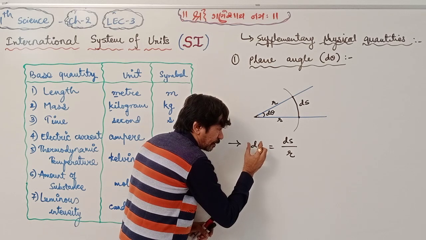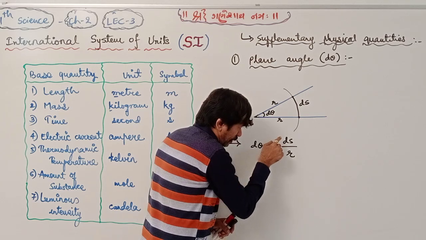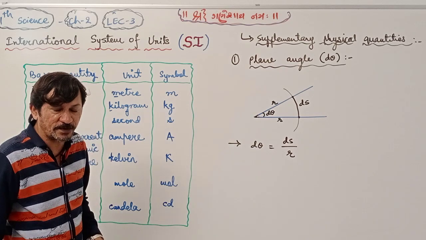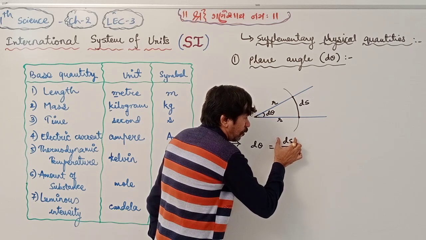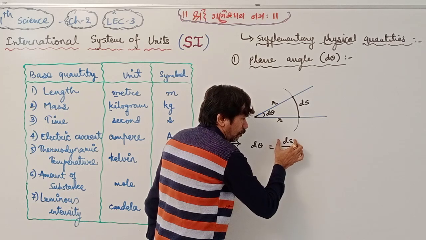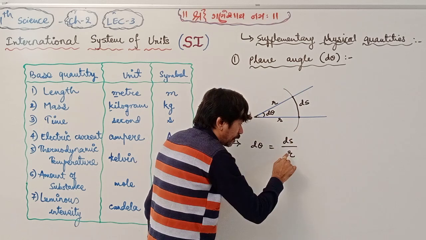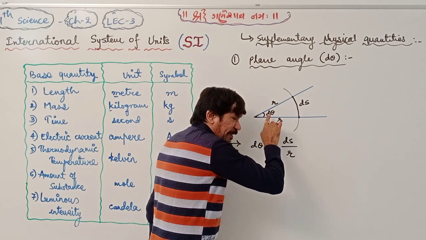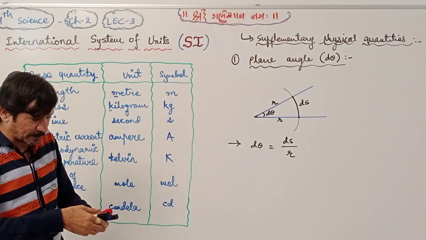D theta is explained by the ratio of ds to r. This ratio is known as plane angle. Ratio of length of an arc of any circle to the radius of that circle is called plane angle subtended by that arc. This is the definition. I am writing the definition for you here.